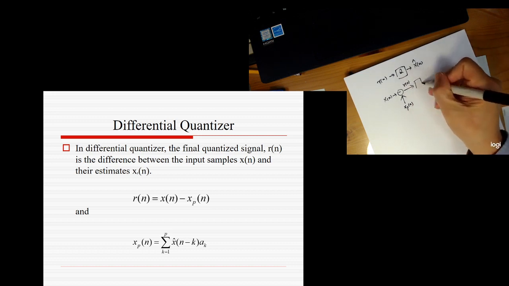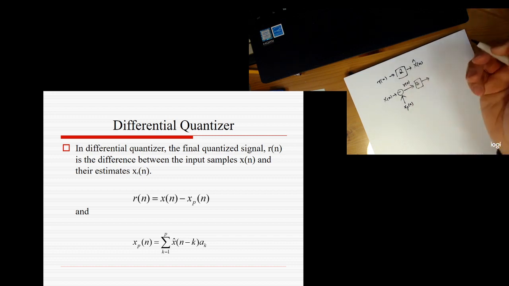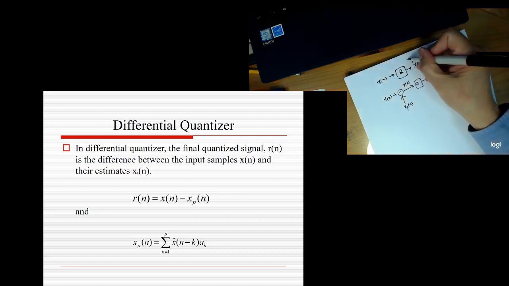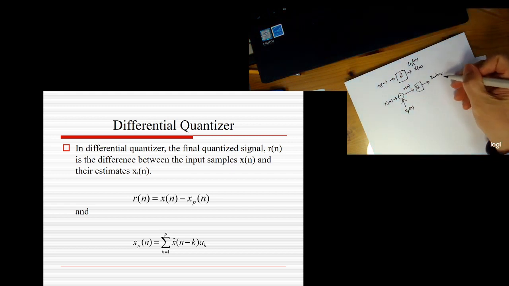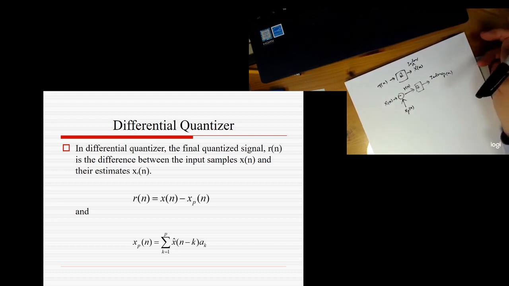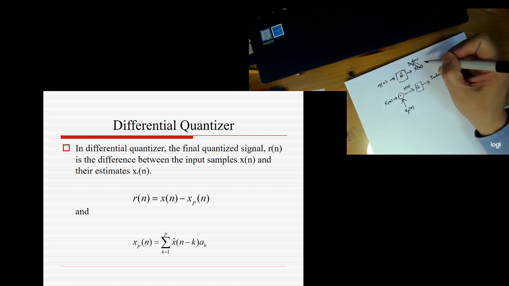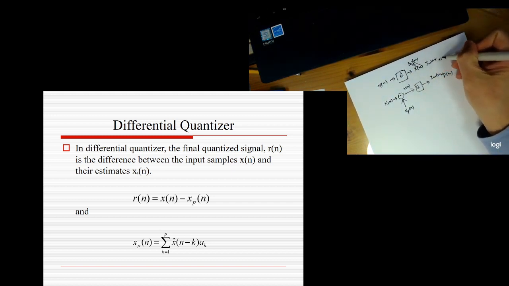So we can quantize and get an index, index R hat of n. So what goes to the channel is index R hat of n. To make it clear, after quantization we get an index, so it's not a quantization value. After quantization the value is index addressing.